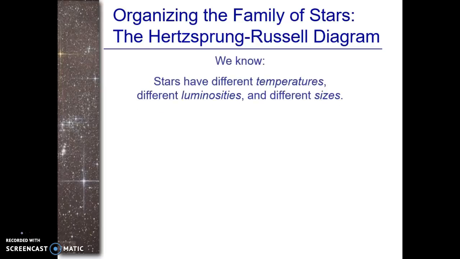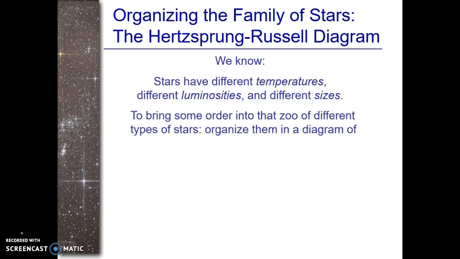So what do we know? We know that stars all have different temperatures, different luminosities, and different sizes. How do those all interrelate? To show some order in all of them, they organized them into the HR diagram.